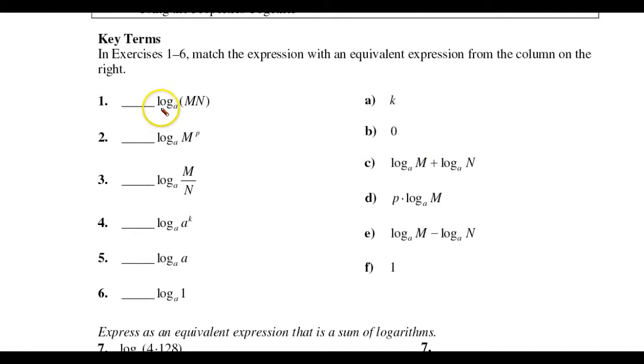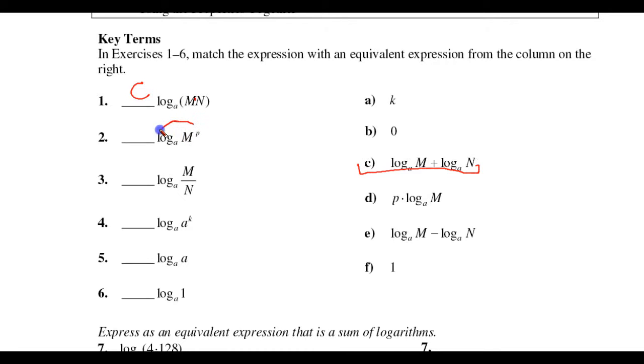So here we have log base A of mn. Remember, this is times, so it will be C. Now this is log A of m raised to the p power.